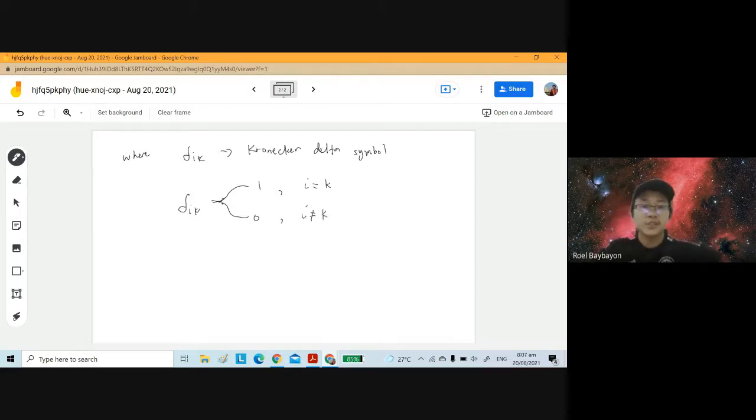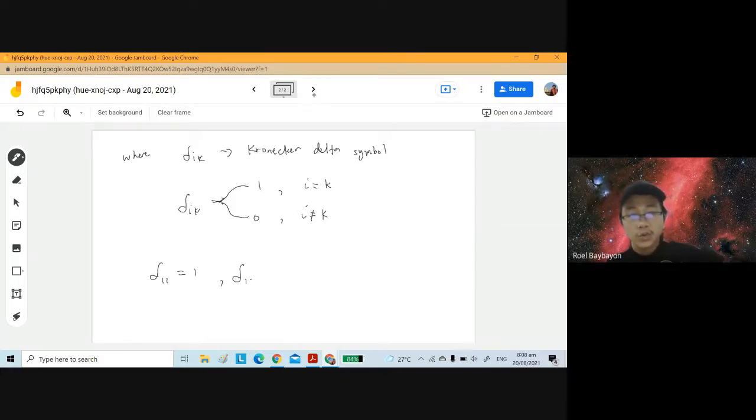Take note, i and k are just dummy indices. So when i is equal to k, this Kronecker delta symbol is equal to 1. It only has two values, 1 or 0. So delta 1 1 is equal to 1.